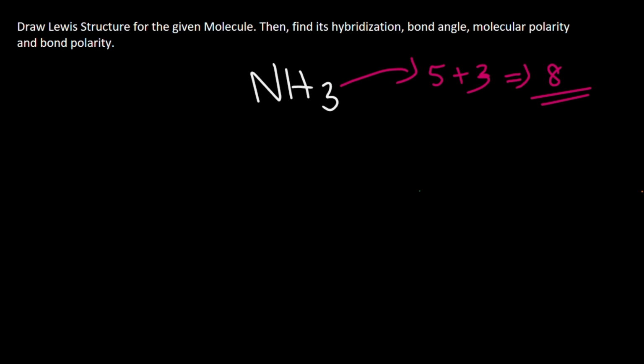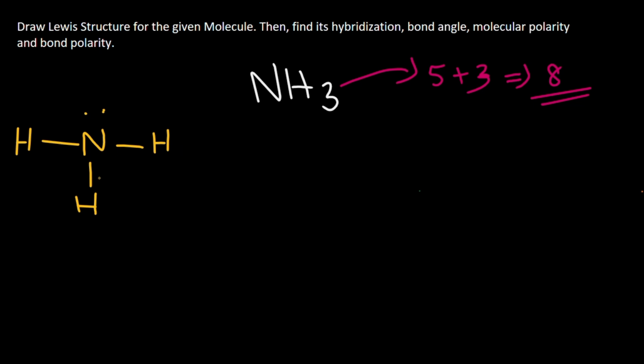So you have to get 8 electrons when you draw the Lewis structure. So N, H, H, H, and then 2, 4, 6, 8. Okay, so we have 8 right here. So now we're good with the Lewis structure.